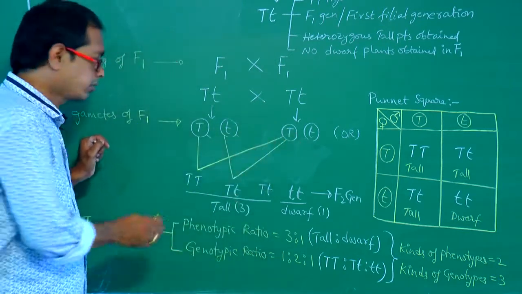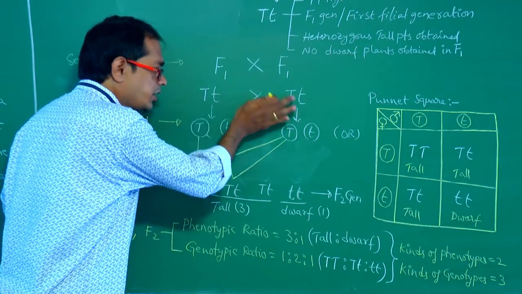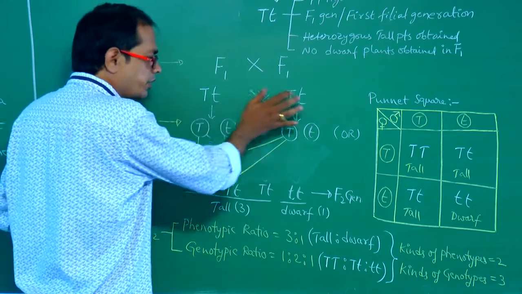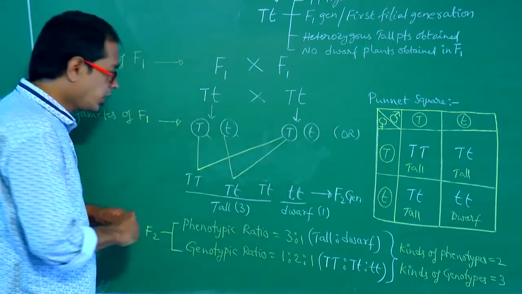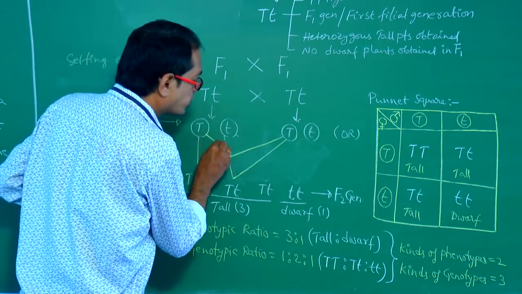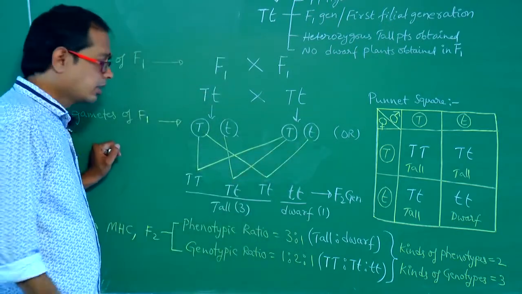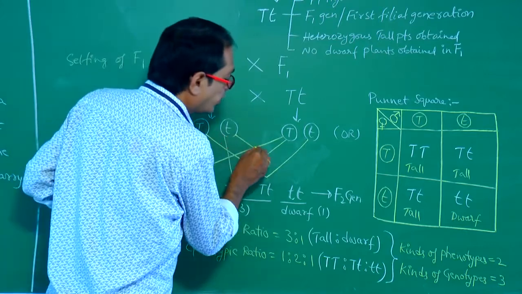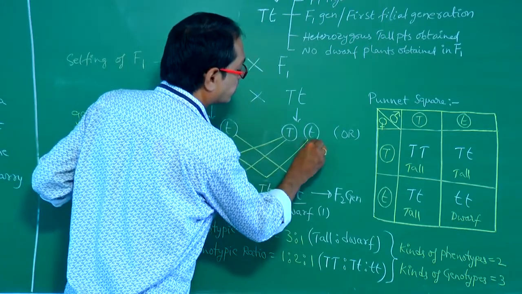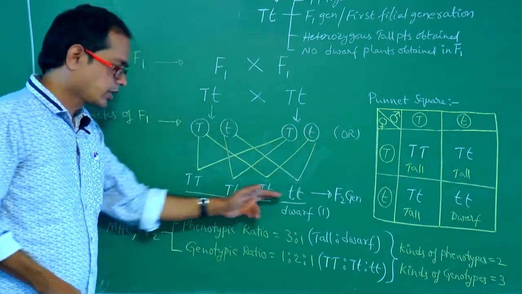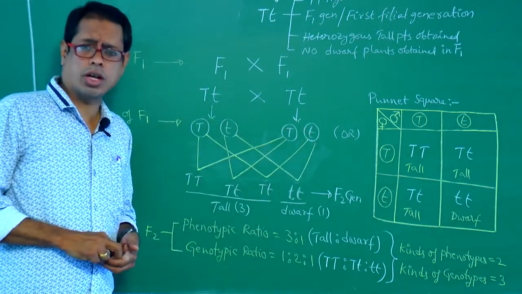What I did, these two are crossed with this one. Next, these two are crossed with this one. Next, this one is crossed with this one. Like that we have to cross.